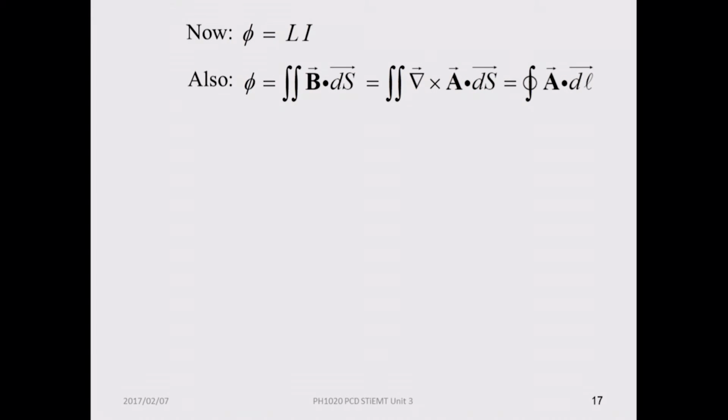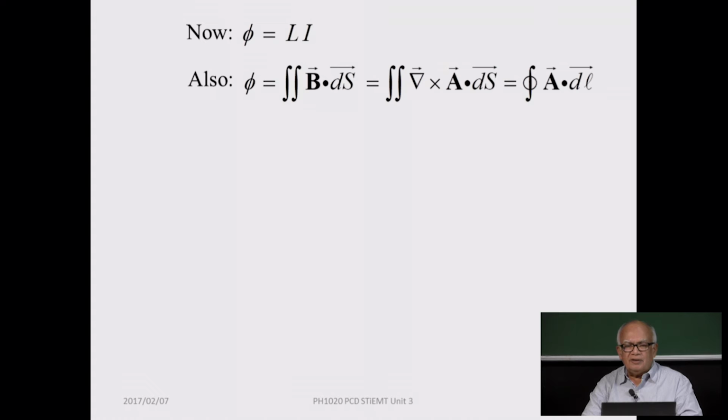So, now you have got the flux to be proportional to the current in the conductor. The proportionality is the inductance.